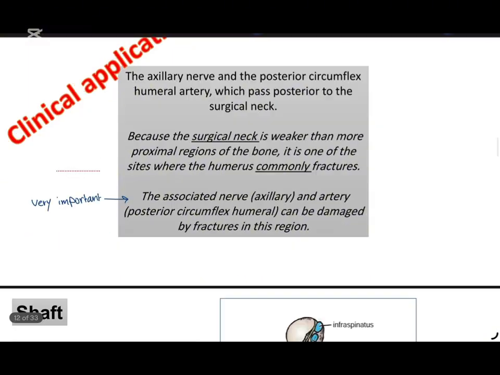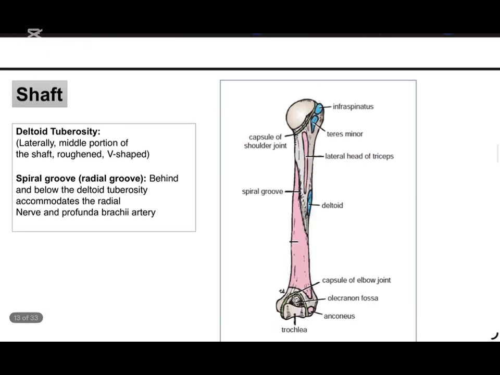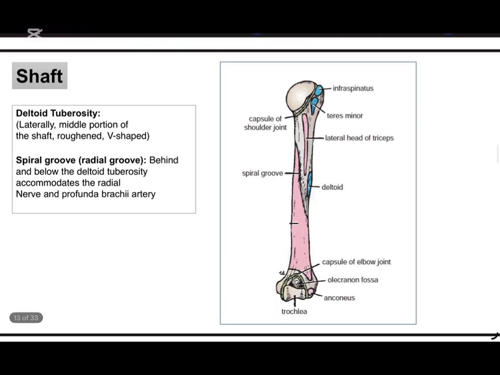Next, we move to the shaft of the humerus. What should I know about the shaft? Two things. On the lateral side of the shaft here, I find a roughened area which is V-shaped. We call it the deltoid tuberosity because it's a site of attachment of the deltoid muscle.